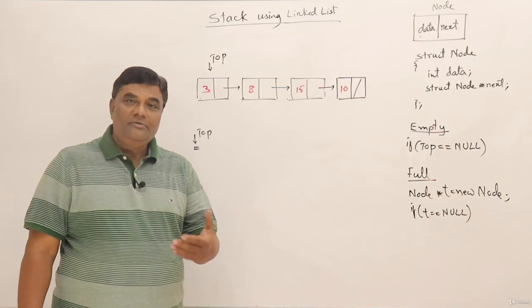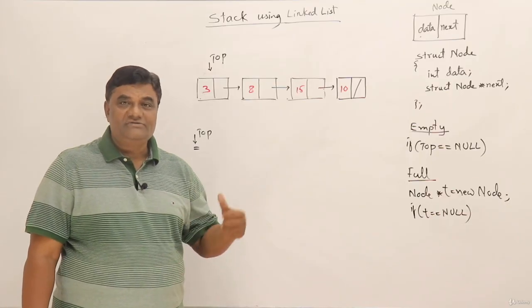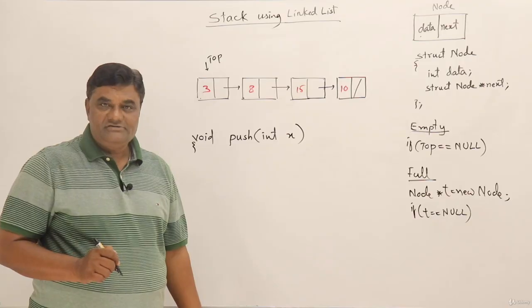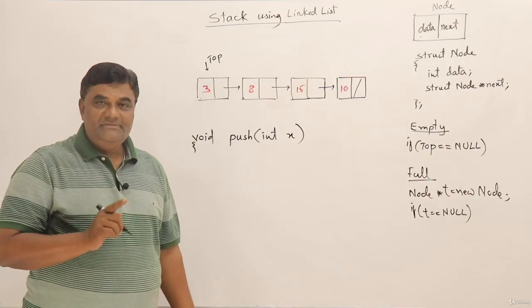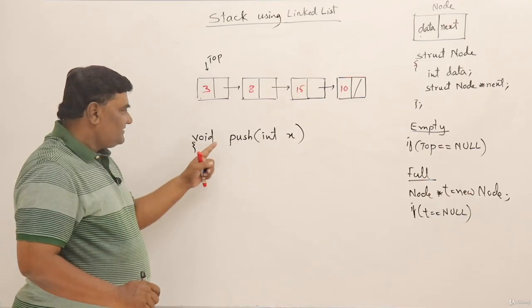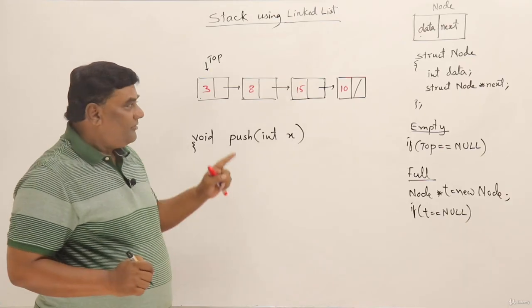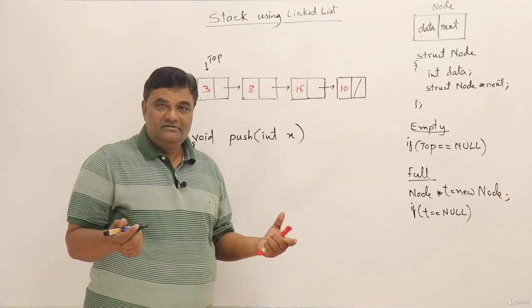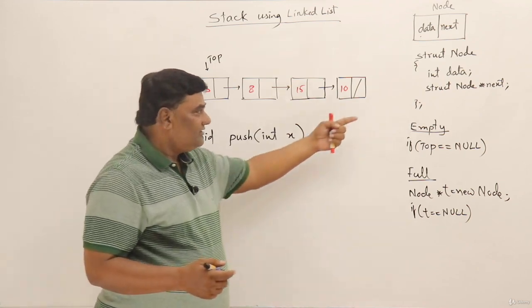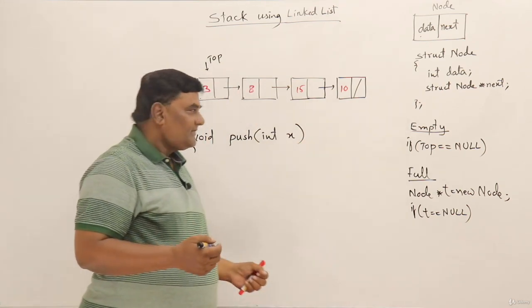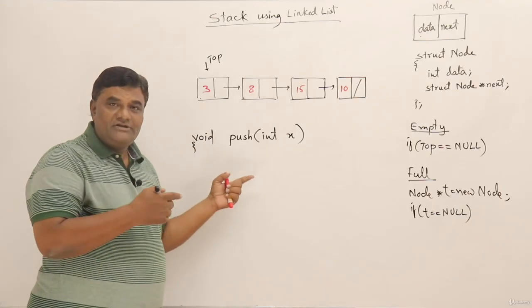Now let us see the operations on the stack using linked list. Let us see the push operation, that is inserting an element in the stack. There is a push function which takes a parameter, the value to be pushed. The top pointer, assume that it is global. Top pointer is a pointer of type node, just like the first or head pointer of a linked list. Now what should we do in push?